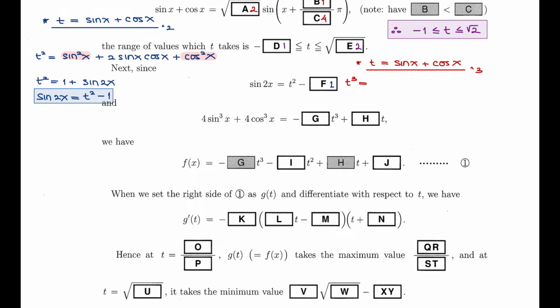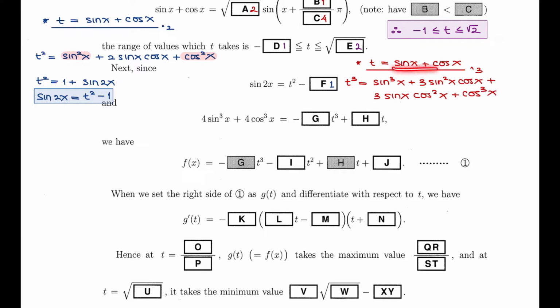So sine x plus cos x to the power of 3 will become sine cubed x plus 3 sine squared x cos x plus 3 sine x cos squared x plus cos to the power of 3.